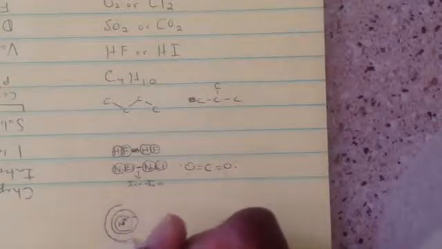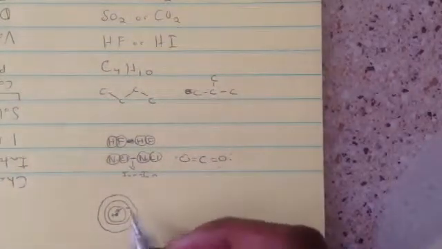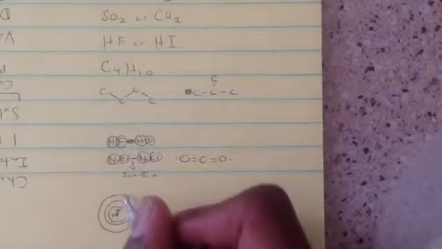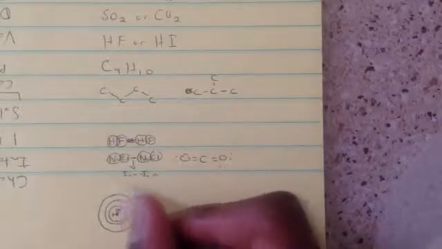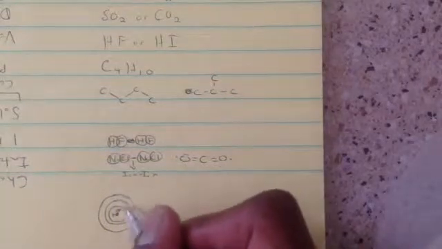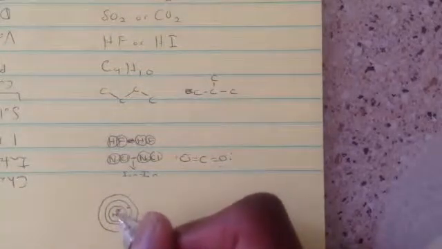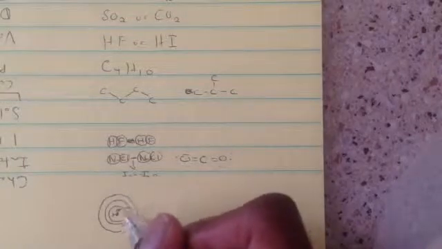So the bigger this molecule gets, these electrons are so far away that they have more freedom. They can move away farther because the plus charge isn't pulling on them as much.